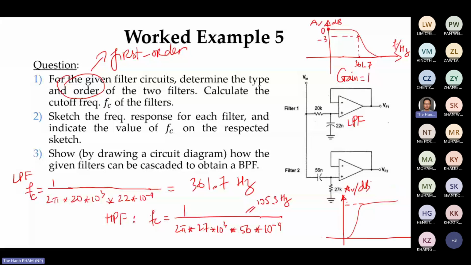This one should be 105.3, and here frequency is something like this. Right? So this is the frequency response of the low pass filter, and this is the frequency response of the high pass filter.